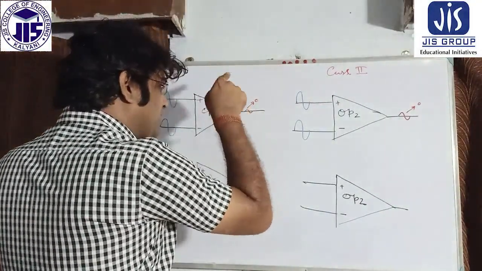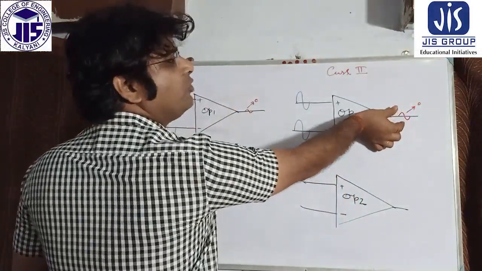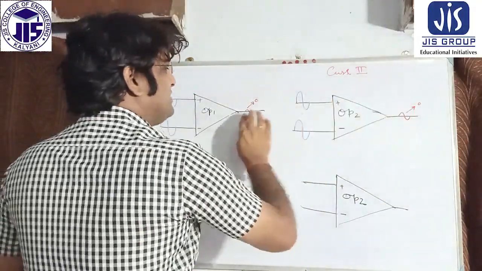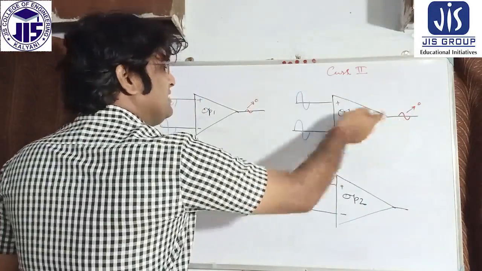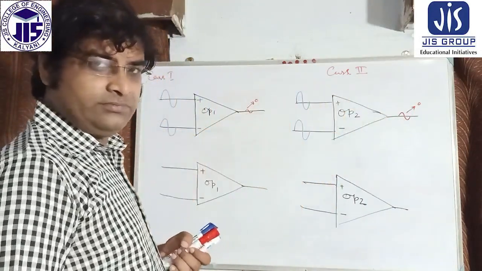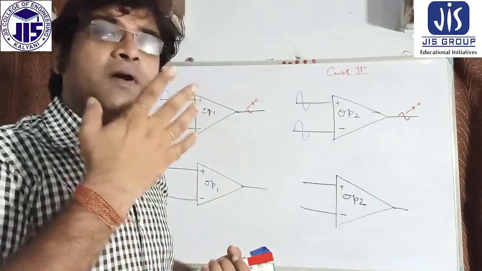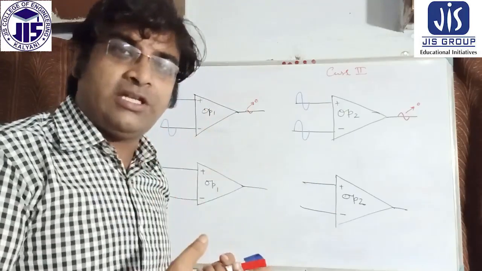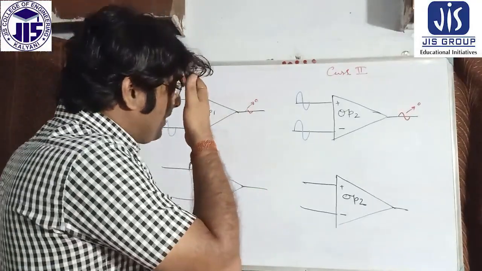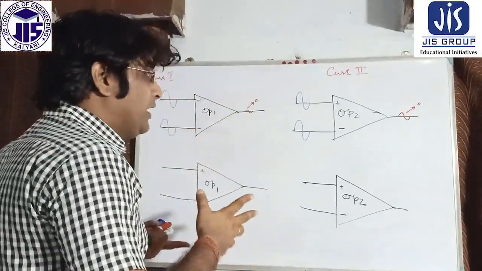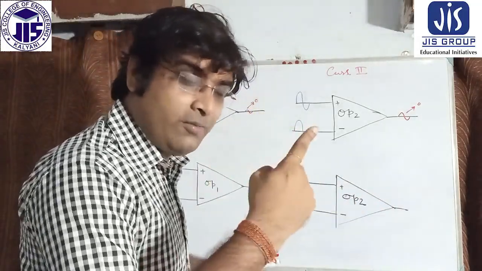There is a very small amount of voltage here, but this voltage is greater than that. That is how the operational amplifier works: it tries to remove the common signal from the two inputs and give the output, as we already studied for the differential amplifier.